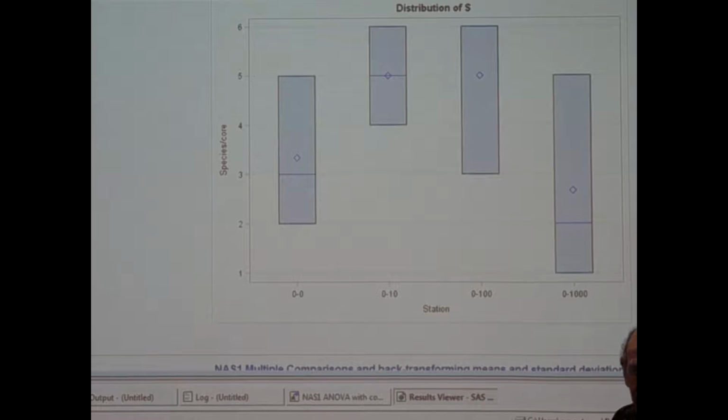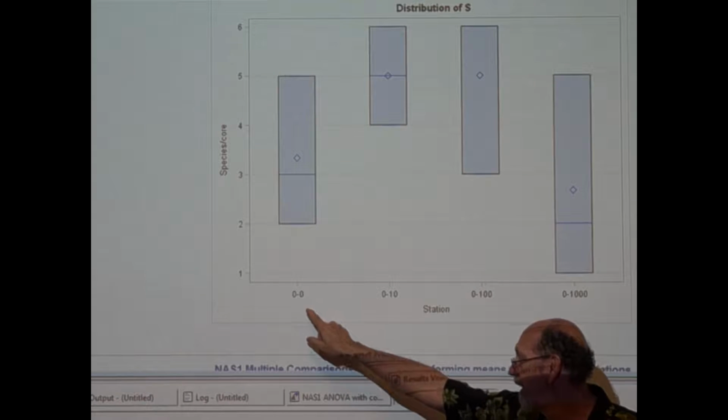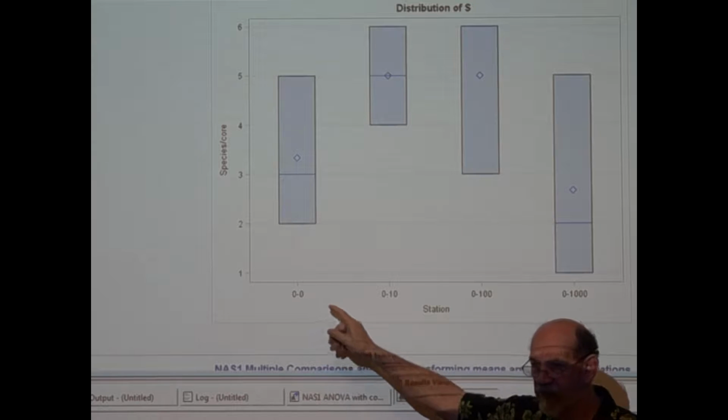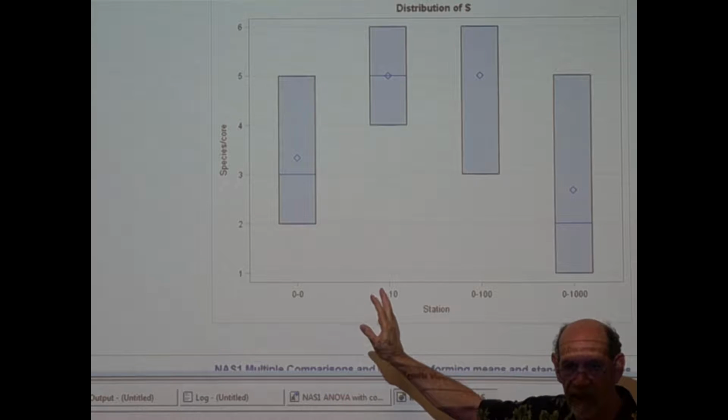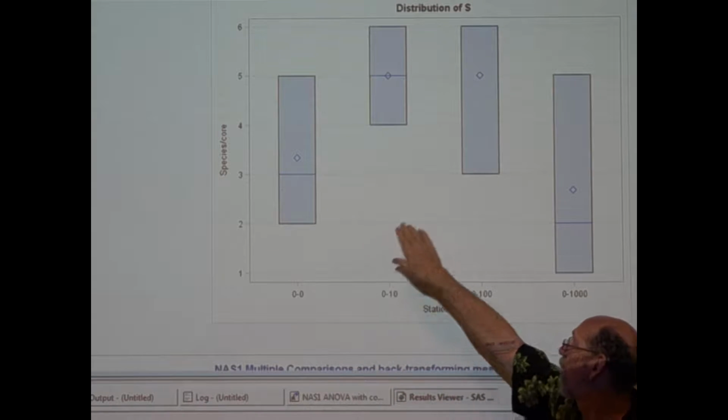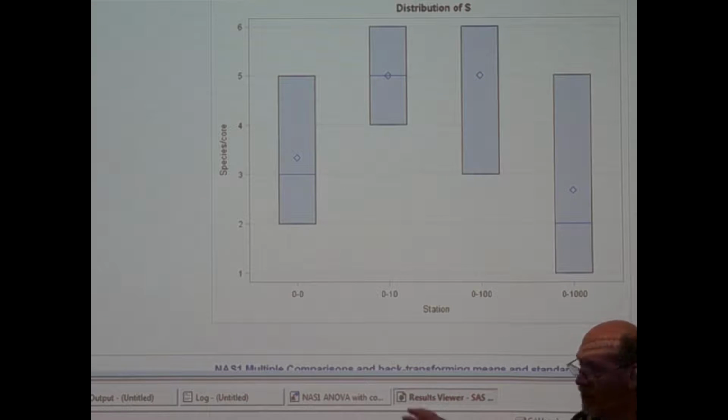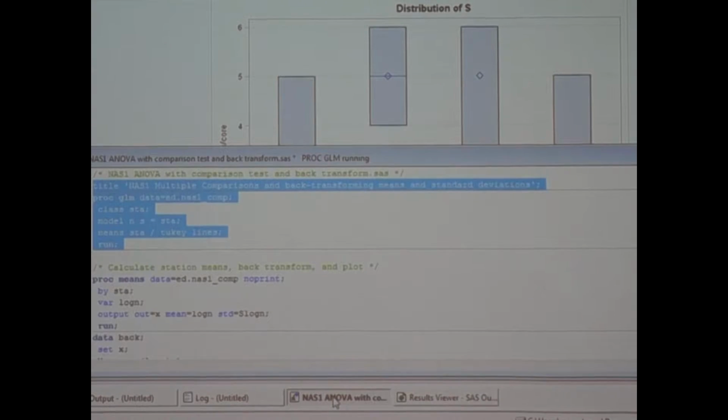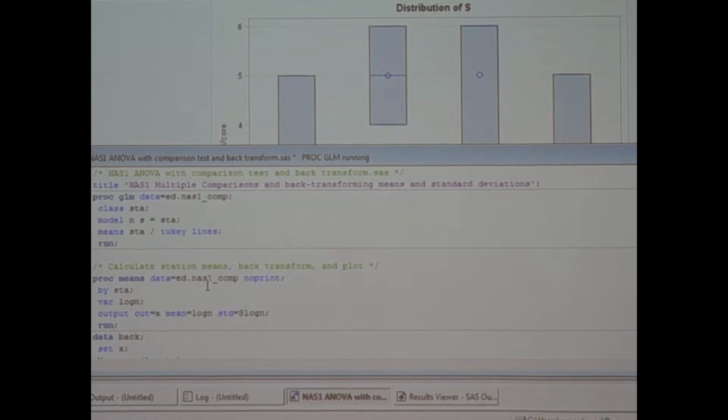We call that its distance from the shoreline. And so, like, let's make believe that these are actually some kind of numbers, and we actually wanted to connect those lines because they were along a gradient or something like that. How would we build a picture like this? Well, let's say we wanted a picture with the mean and the standard deviation. That's what I wanted to show you down here.